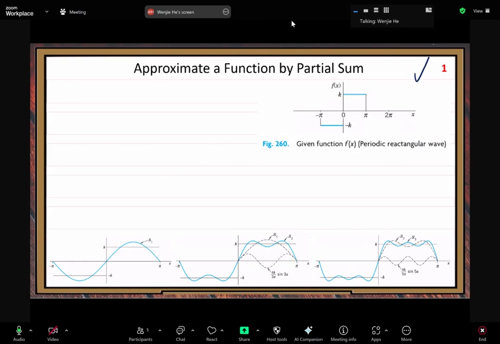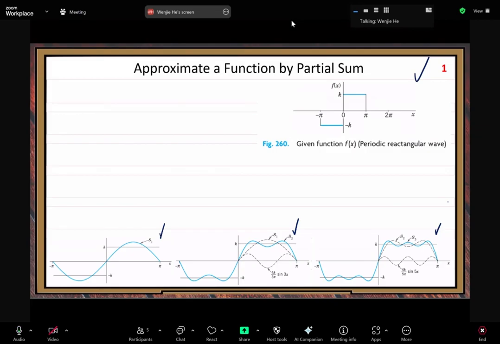The first one-term partial sum, that approximation is like this. Pretty bad, but you can see some approximation. The second approximation is a little better, closer in shape. And the third one is even better, becoming better and better.